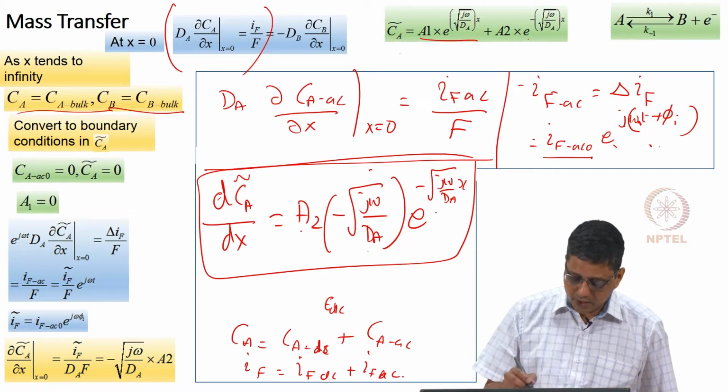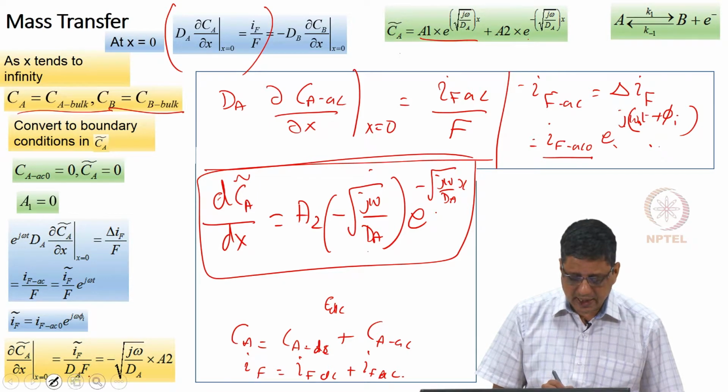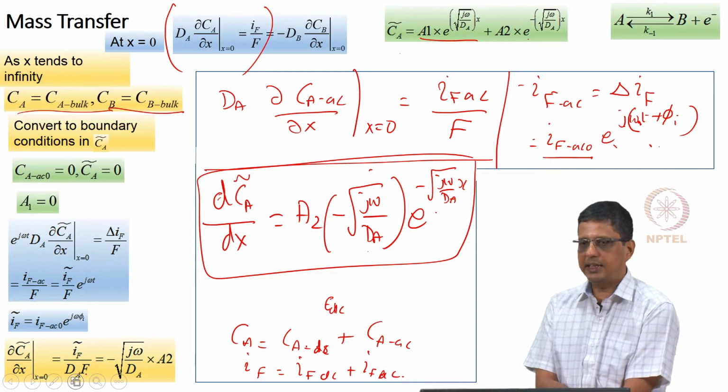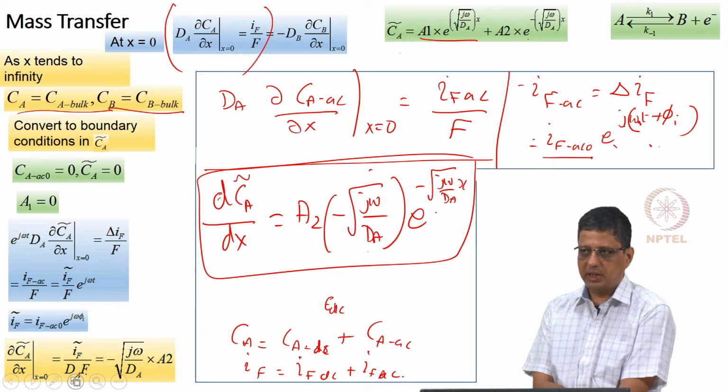So, I would write A2 multiplied by minus square root of j omega by dA, that is going to be given by If by dA f. I have just moved the dA to the right hand side of this boundary condition. Essentially, we want to find the value of A2 and substitute it there.